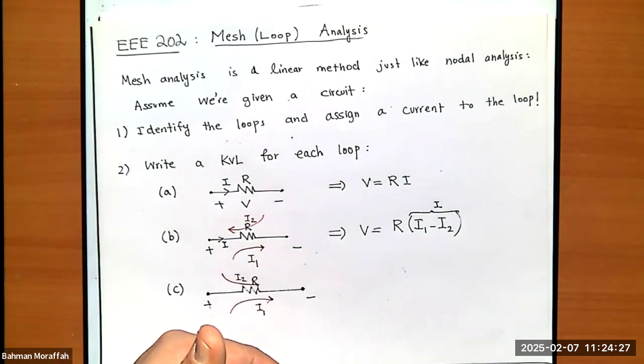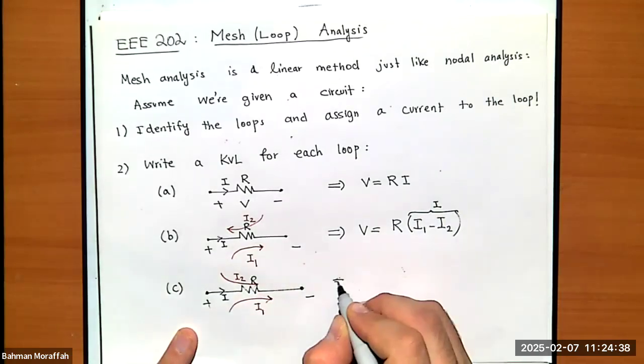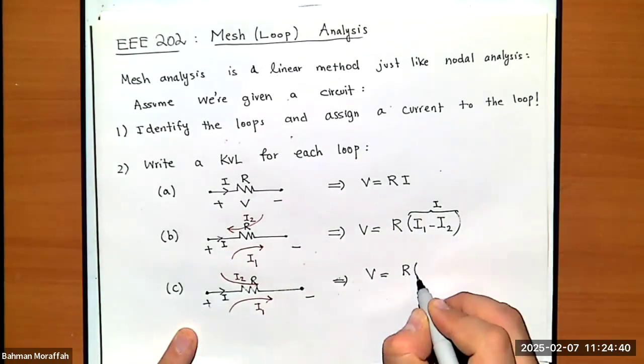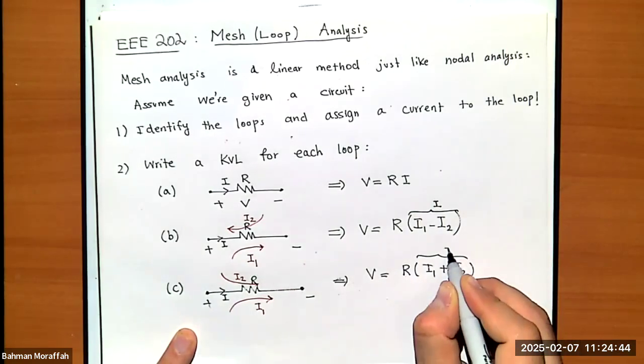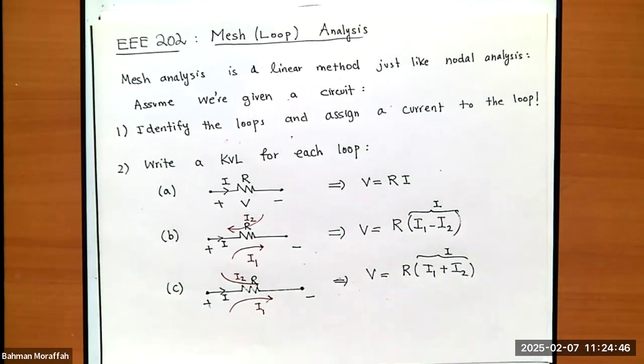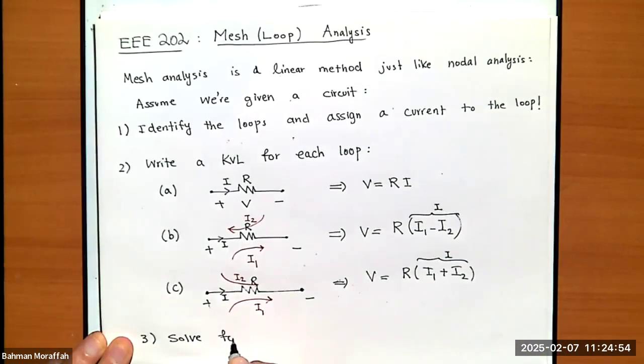So what is the total current? It's just the summation of that. So if I call this I, V equals R times (I1 plus I2), and obviously this is my current. And the third step is to just solve for unknowns.